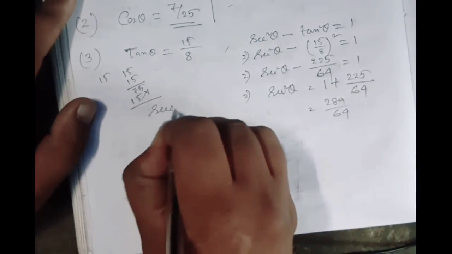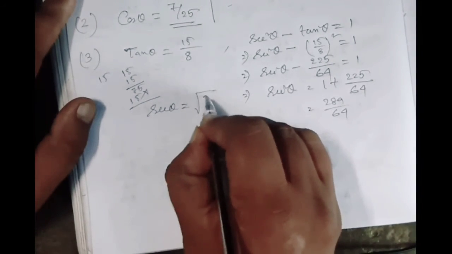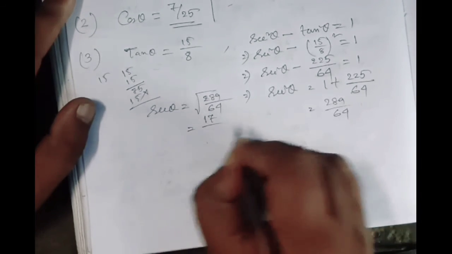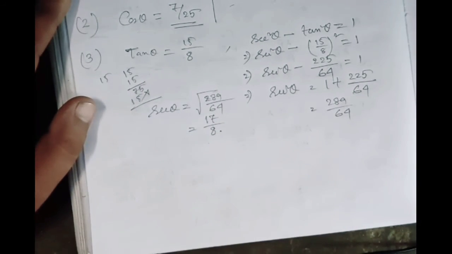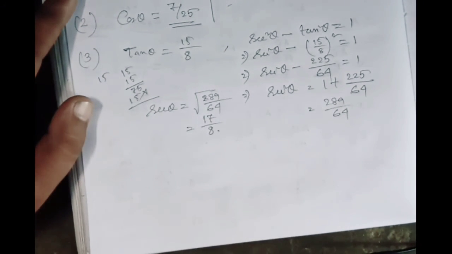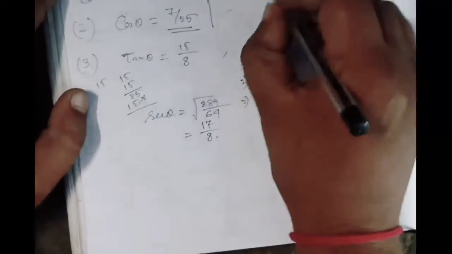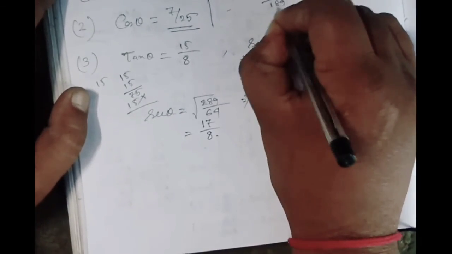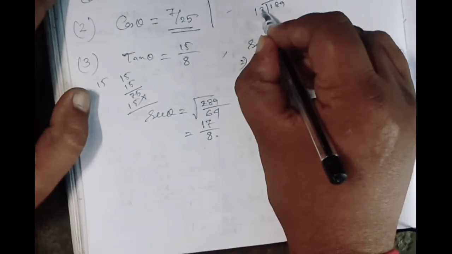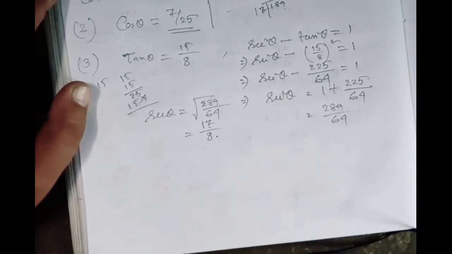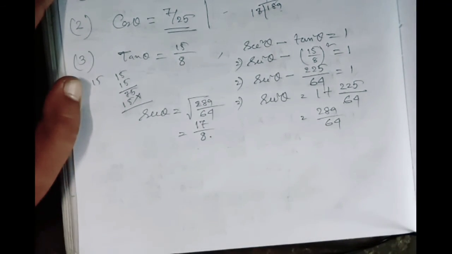So sec theta is equal to root over of 289 by 64, and root over 289 means 17 by 8. So sec theta is equal to 17 by 8.